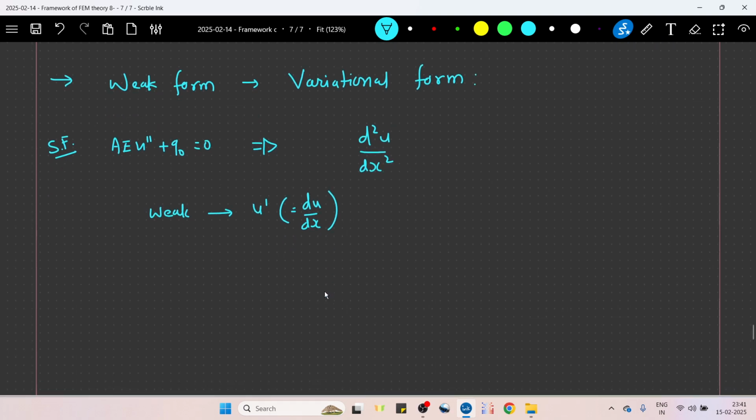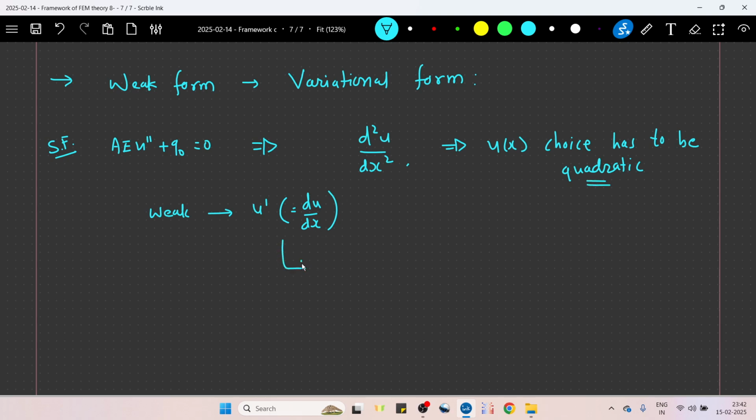So in strong form, if we wanted a solution u of x, the choice has to be quadratic, right? Because it is a double differentiation. So our u of x choice or selection which we make has to be quadratic.